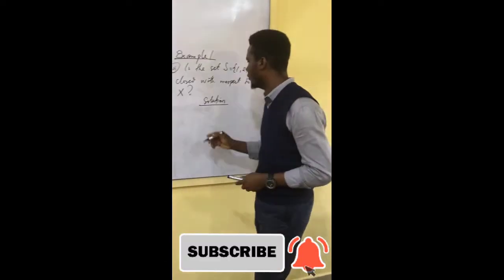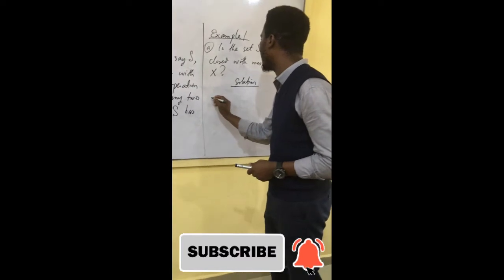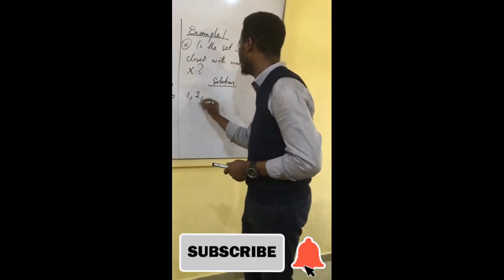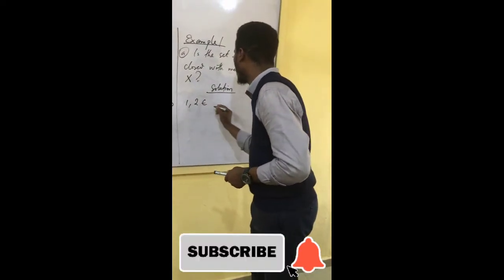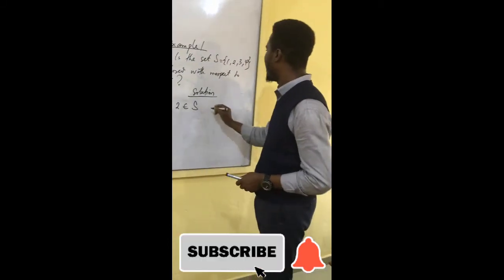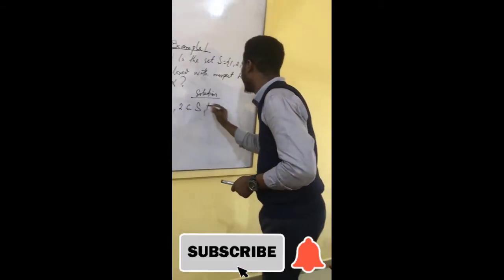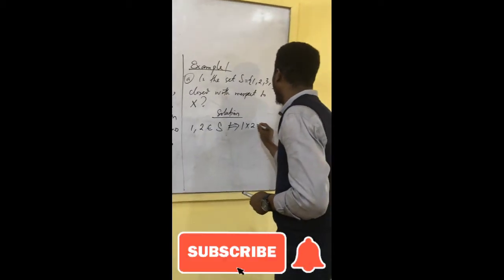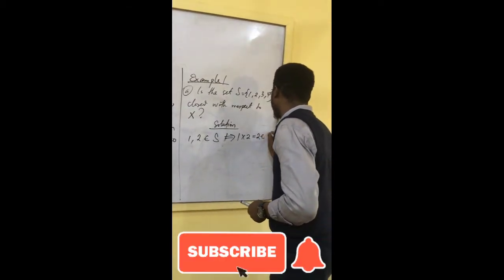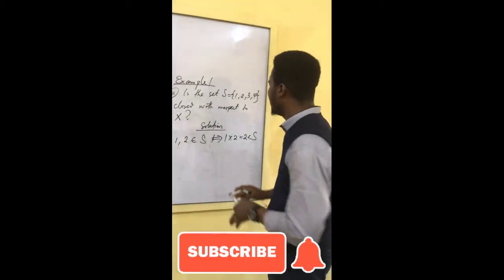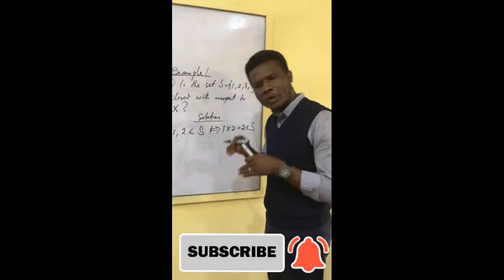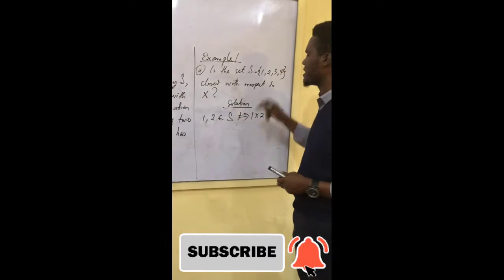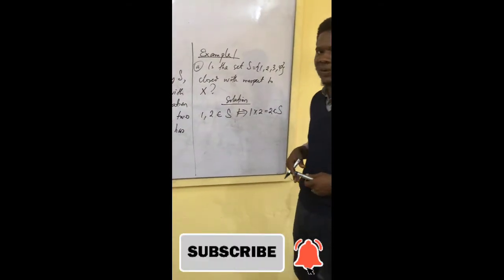So let's check. Now, you will notice that choosing elements 1 and 2, if I choose elements 1 and 2 from S, notice that by implication, 1 multiplying 2 will give us a result 2, which is also a member of S. And if you stop at this point, you may jump into a quick conclusion that S is closed because the condition is satisfied in this case.